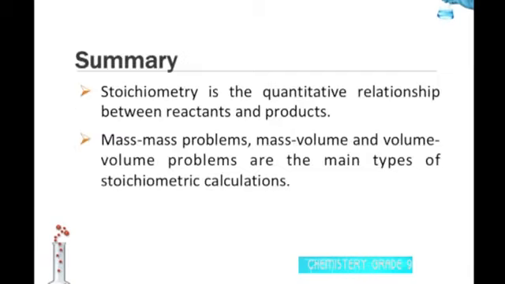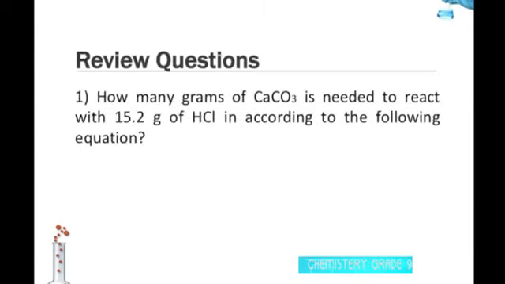So in summary, stoichiometry is the quantitative relationship between reactants and products. Mass-mass problems, mass-volume problems, and volume-volume problems are the main types of stoichiometric calculations. How many grams of calcium carbonate are needed to react with 15.2 grams of hydrochloric acid according to the following equation?